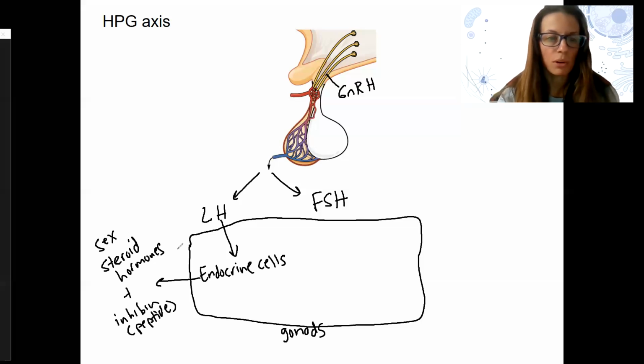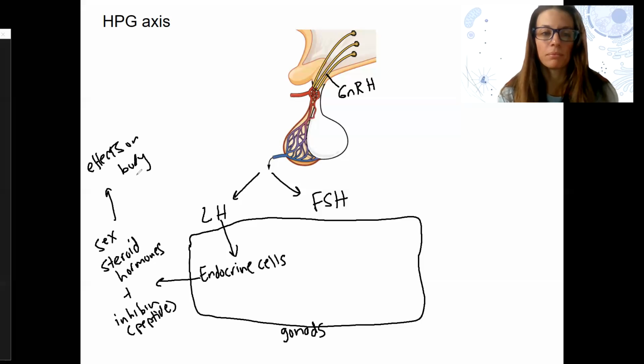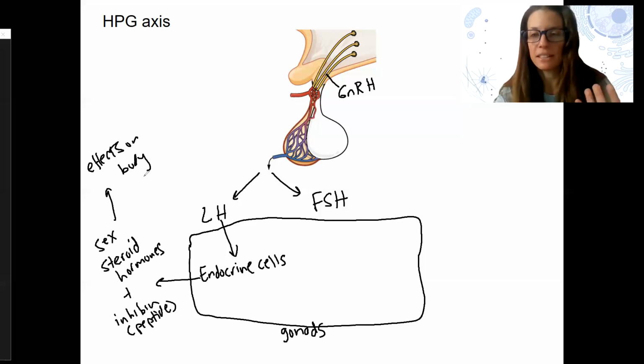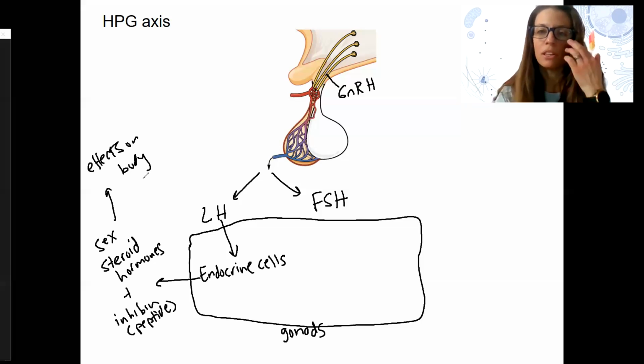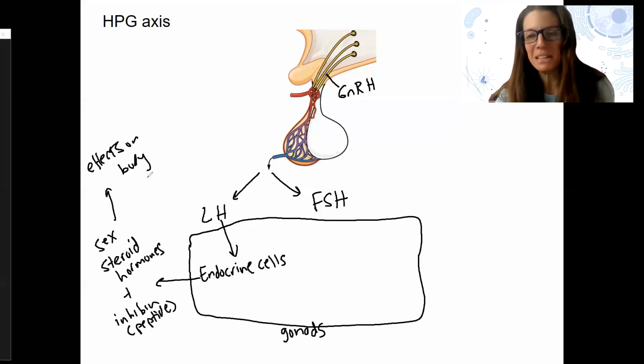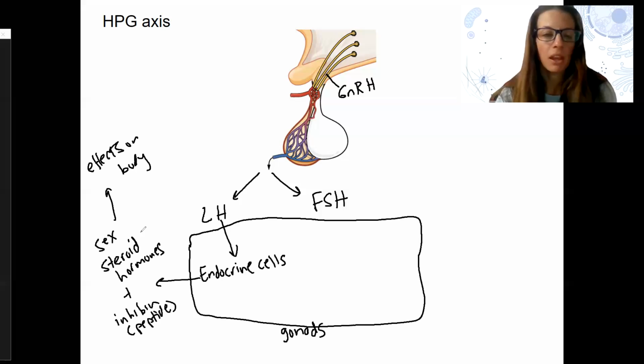These hormones are both going to have effects on the body. Effects on our secondary sex characteristics.